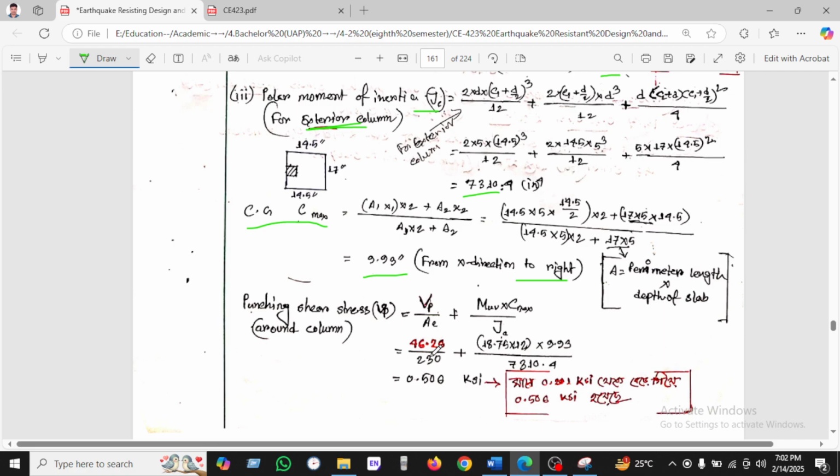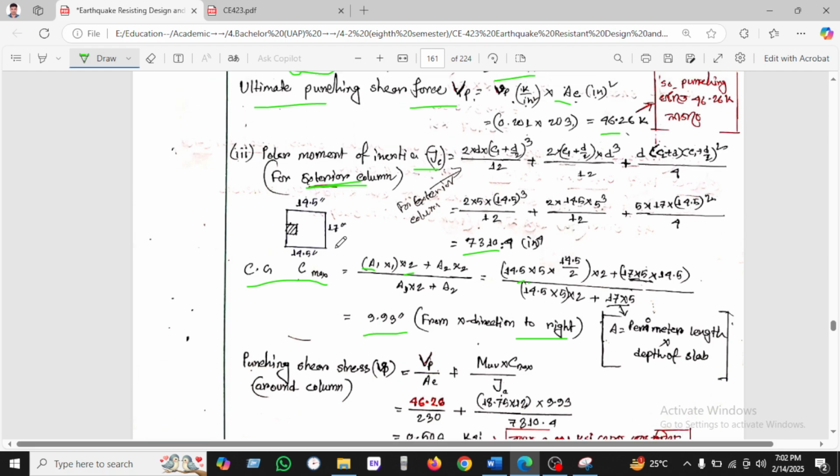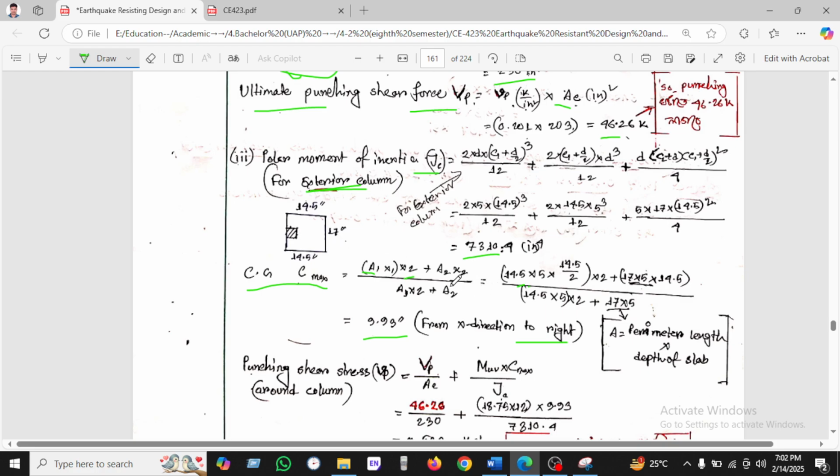Okay, so you can see A1 is given 14.4 and 5 is how we'll get the X1 is 5. We have been found 14.4 into 5.